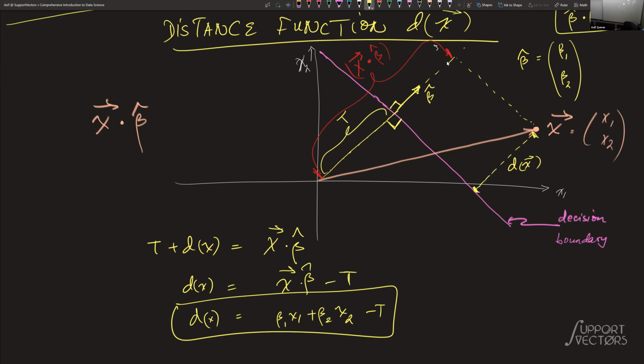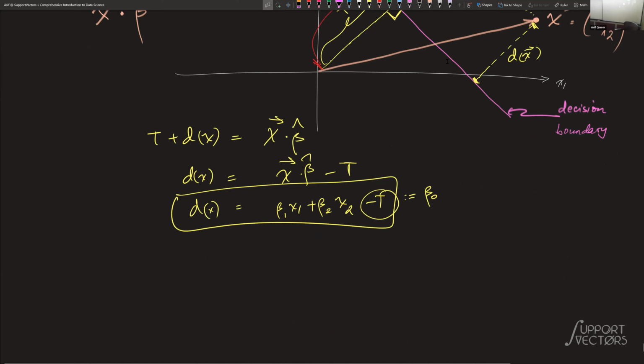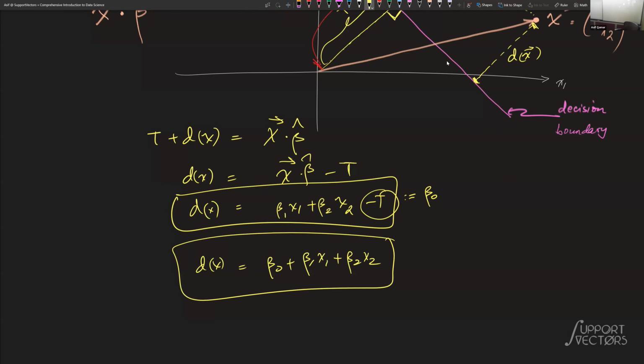Now you notice that these are all betas. Suppose by definition we call this beta naught. Then this equation becomes beta naught plus beta 1 x1 plus beta 2 x2. Feels like magic, isn't it? A very simple equation. That's all it is.